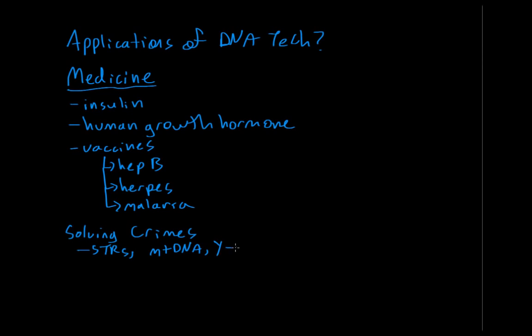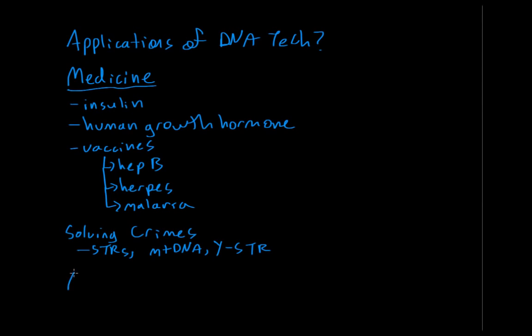So that's basically YSTR. And this is looking at short tandem repeats found on the Y chromosome. And so DNA technology has helped scientists pick out individuals that have committed various crimes based on DNA samples that they were able to find.